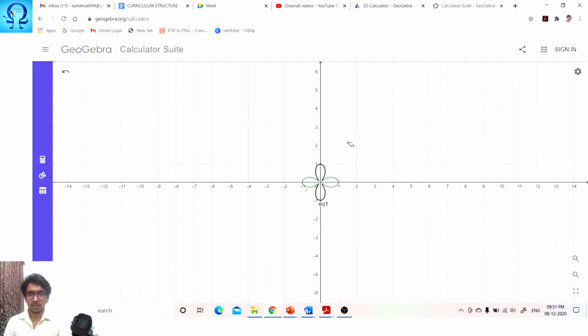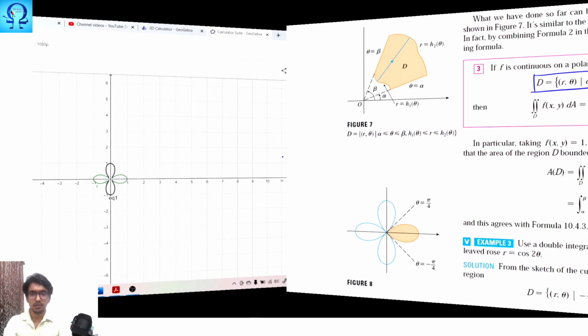We are asked to find the area, so we shall decide what to check now. You may identify these things and find this area, or you may do this one and find this area. Once you find only this part, you can just multiply by 4 to get the total area.